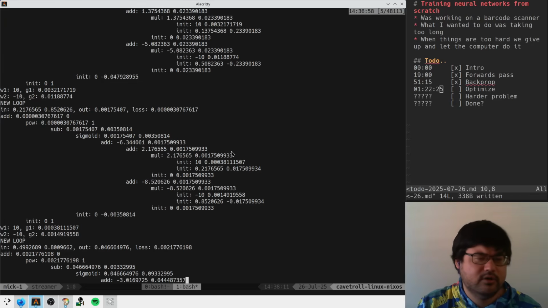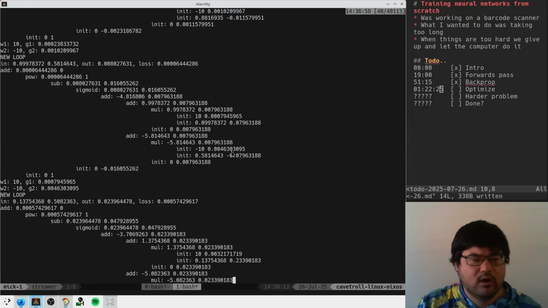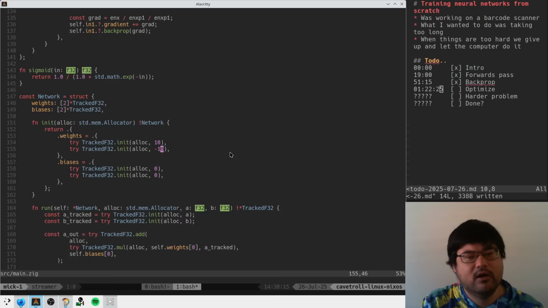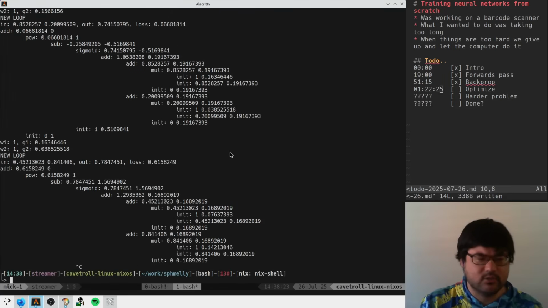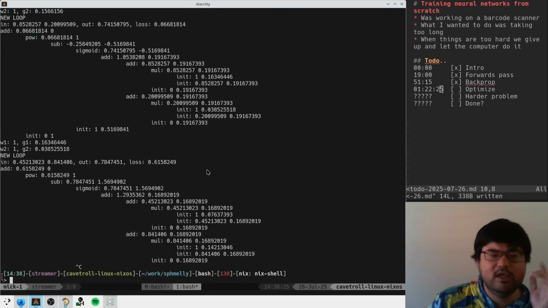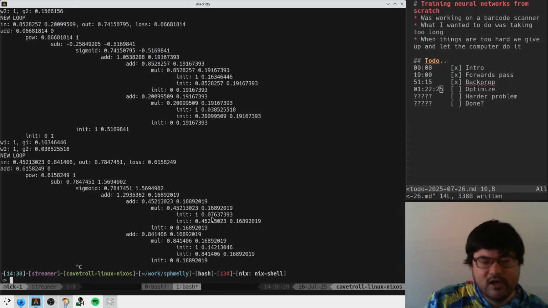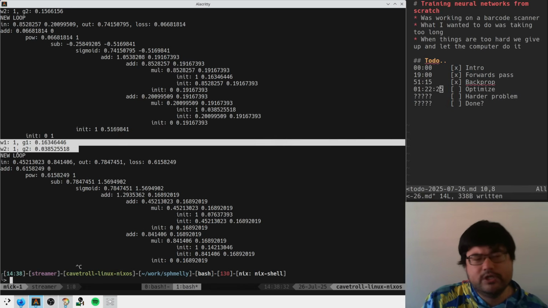Okay, let's go back. What I actually want to do is set both weights to 1. And what I want to see is that they should move in opposite directions. When it's wrong, I want them to go opposite ways. Which we don't see, right?